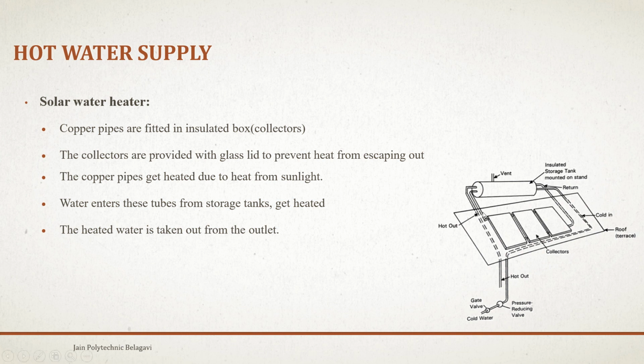From this vent we have a storage tank, and from that it is connected to a vent. Through this the water goes inside and starts flowing through this pipe, and we have panels with copper tubes painted black. As the water moves, the sunlight is grasped by these copper pipes, and it starts heating the water.